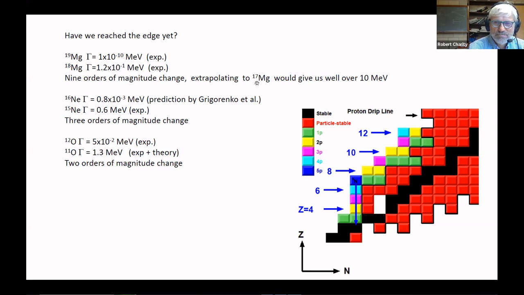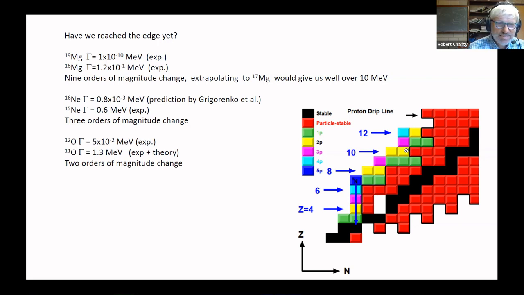So if you want to go to magnesium 17, even if you go a couple of orders of magnitude well below, that would extrapolate well above 10 MeV. So ideally, you'd like to do this with some sort of theoretical structure, but I'm just sort of waving my hands at the moment. So I think it's unlikely.